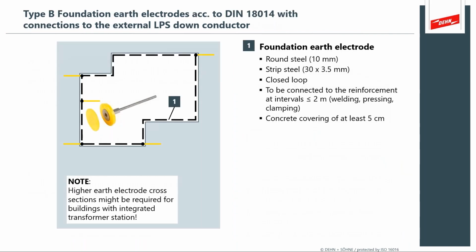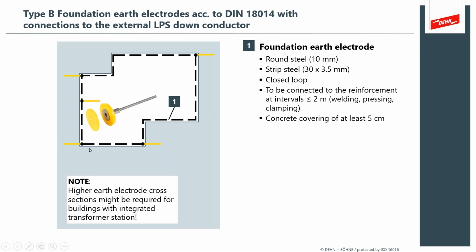So an important aspect of such a ring electrode is connecting to it, because you're not likely to have an easy to achieve connection into your foundation. And so what is important is to have these types of exposed connections that you can reach when you go to install your down conductor system.